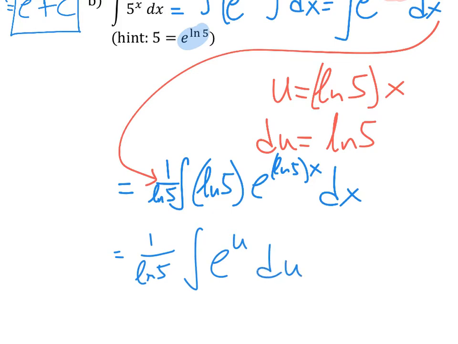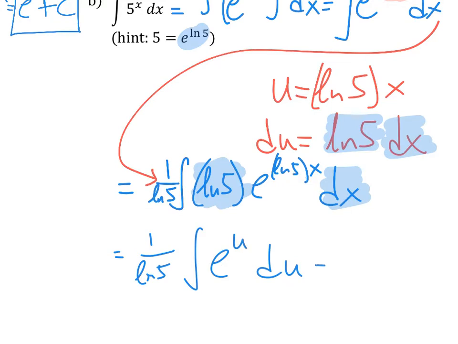Remember, du was the natural log of 5. Oops, I didn't write this correctly. I left out a dx. So the natural log of 5 dx, well, that's right here. So we're trading those two things for the du, and this is e to the u.